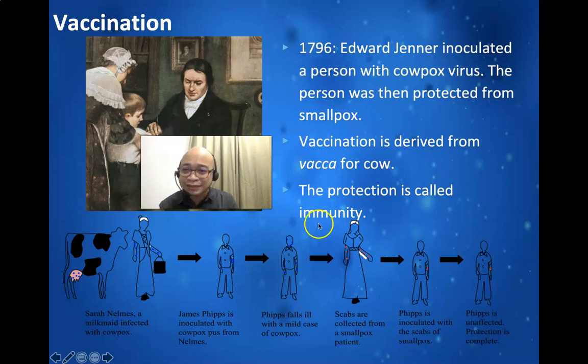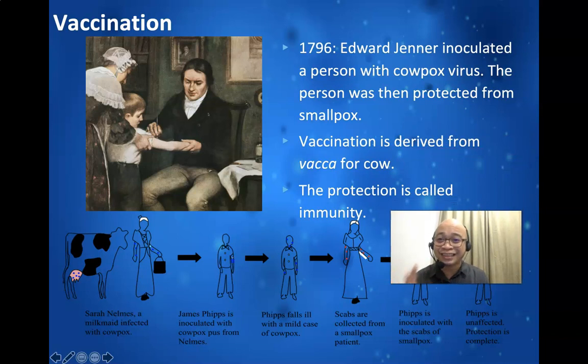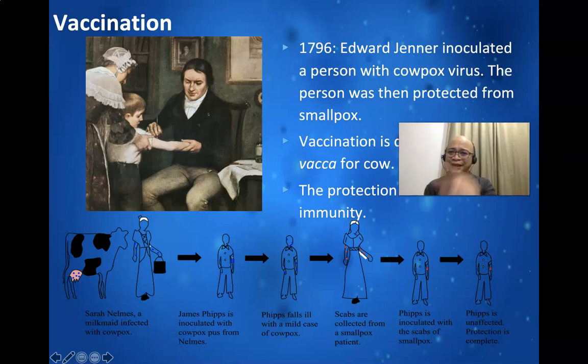You know what's the plot twist? So this is Edward Jenner, and then this is James Phipps. James Phipps was actually the son of Edward Jenner, so he experimented on his own son. However, because of that particular experiment, Edward Jenner was able to prove that if you are inoculated with cowpox, you will be protected against smallpox.